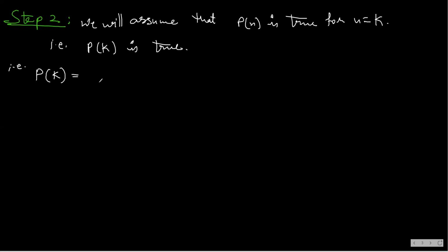P of k, which is 1 upon 3 into 5 plus 1 upon 5 into 7 plus 1 upon 7 into 9 plus so on.